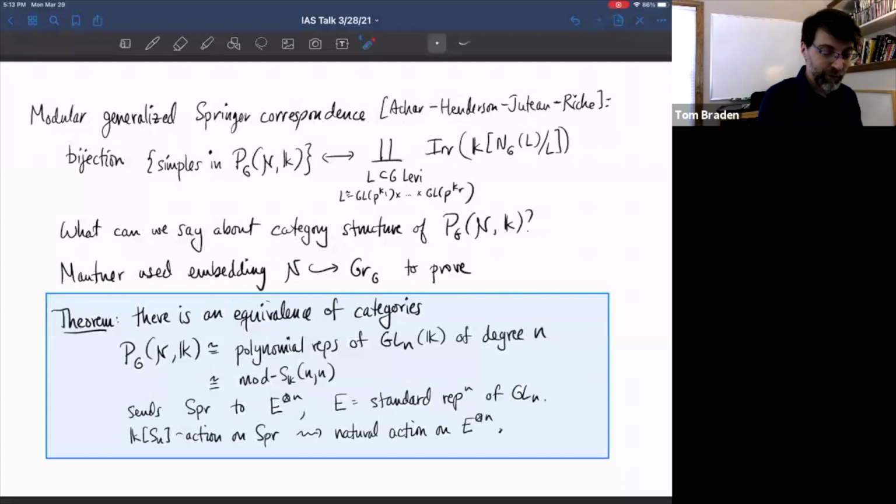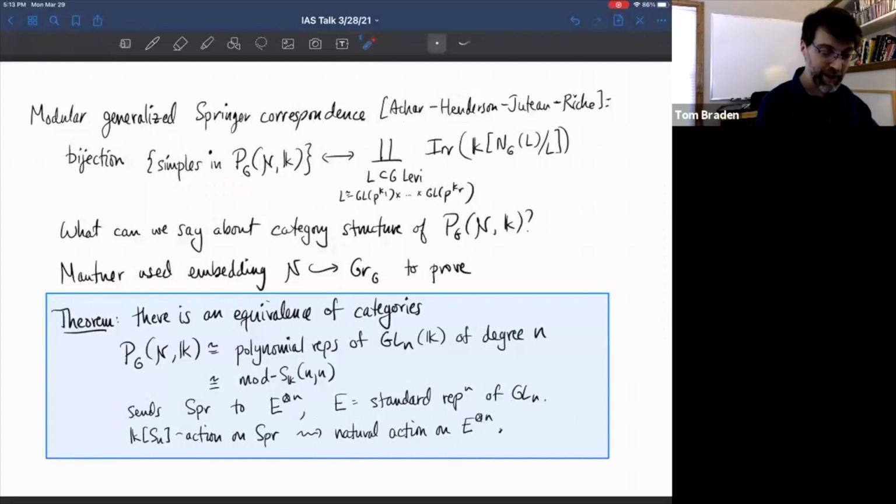If you want to really understand more carefully what's going on here, there's a modular generalized Springer correspondence proved by Achar, Henderson, Juteau, and Riche. It says that if you want to look at all the simples in the G-equivariant perverse sheaves on N, then these are in bijection with irreducibles of the Weyl group, but you also have irreducibles of normalizers of Levi mod Levi for various Levis.